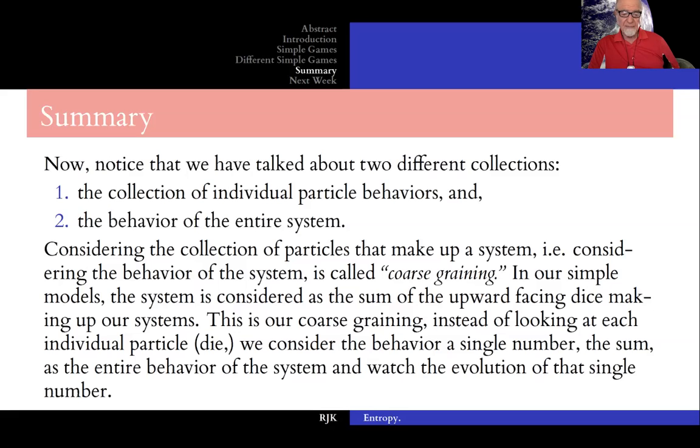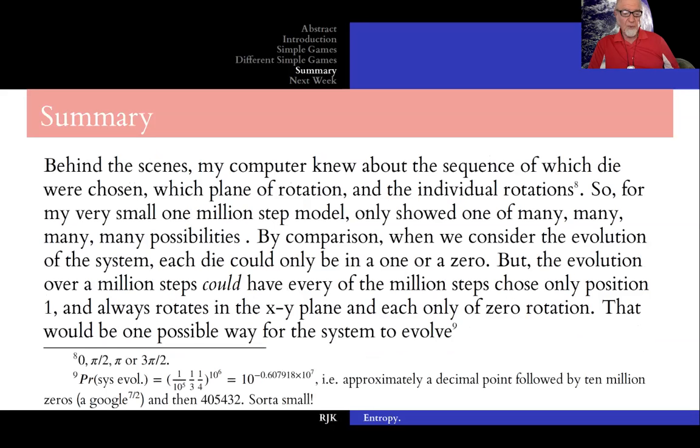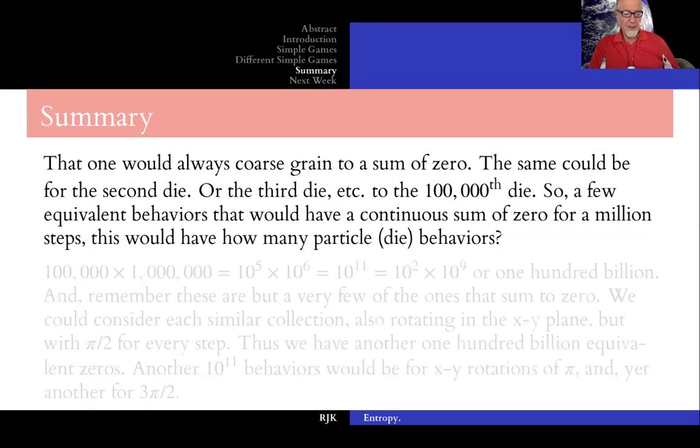In our simple models, we simply summed up the number of upward facing dice, and that was our coarse graining. We'll talk a little bit more about this later. Okay, I think I just talked about all of this, so I'm going to pass on.